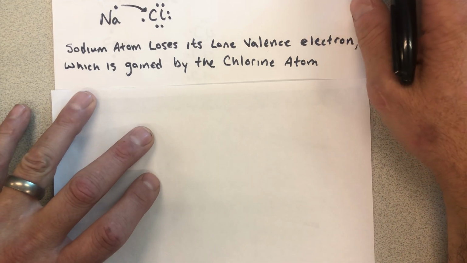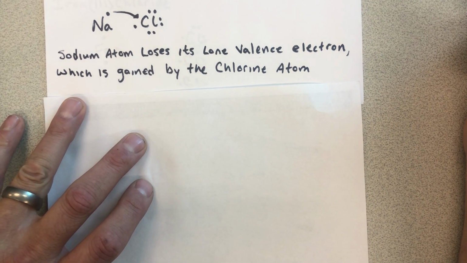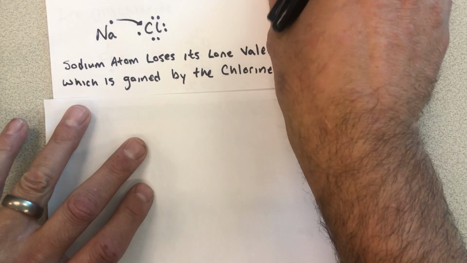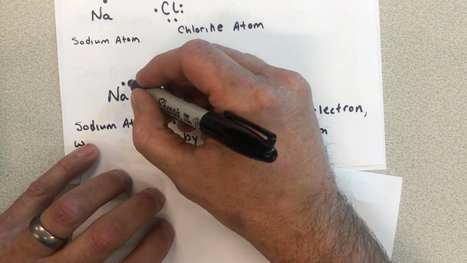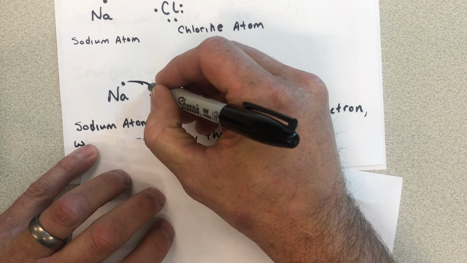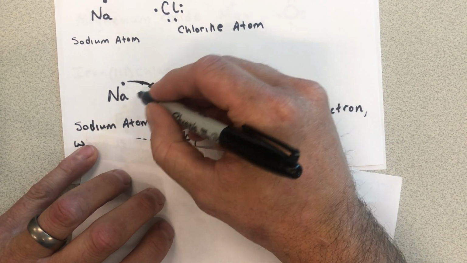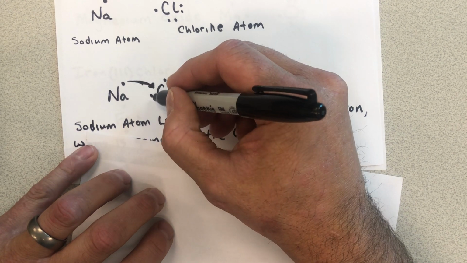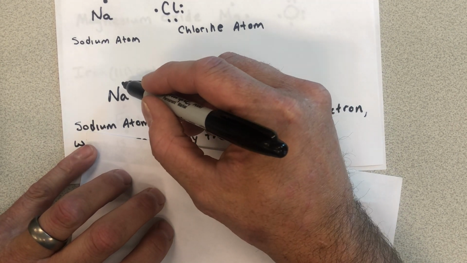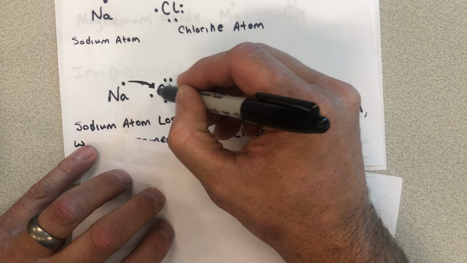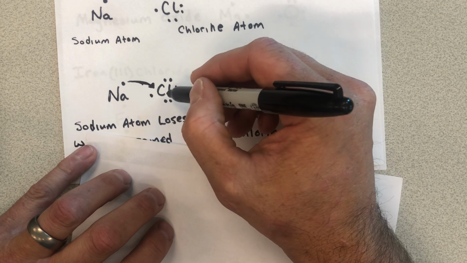So again, the sodium atom loses its lone valence electron, which is gained by the chlorine atom. We represent the electron transfer with this arrow, and the arrow has a pointy end and a blunt end. And the pointy end shows the direction of where the electron is going. So we're going to take the electron and put an arrow over to the place where we could put the electron on the chlorine atom.